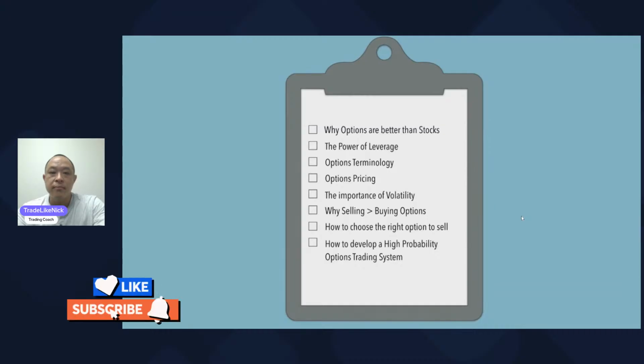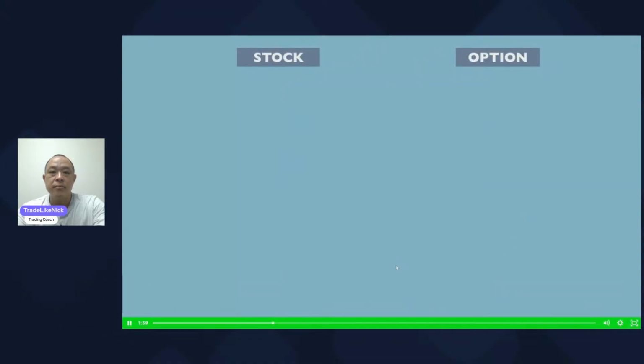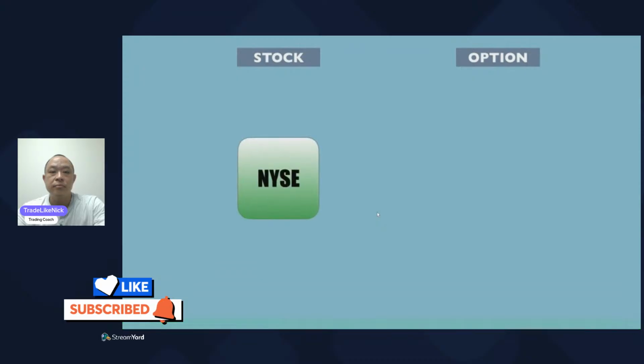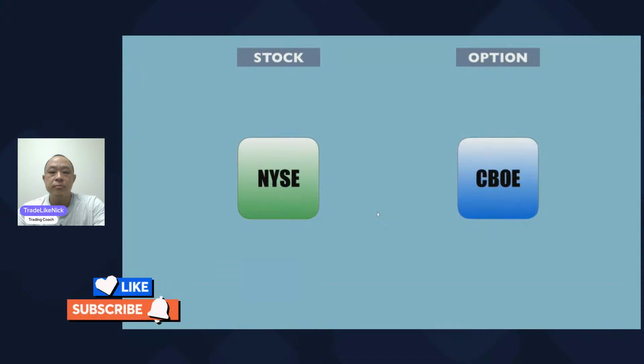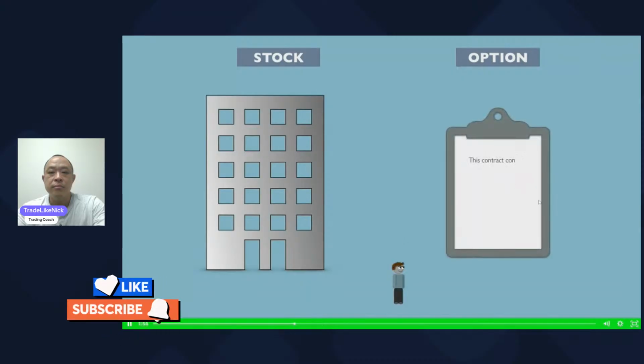But before we begin, let's take a look at some of the main differences between a stock and an option. Stocks are actively traded on the New York Stock Exchange, but options are traded on the Chicago Board of Options Exchange. When you buy a stock, you own one share of the company. When you buy an option, you're actually buying a contract that controls 100 shares of stock.